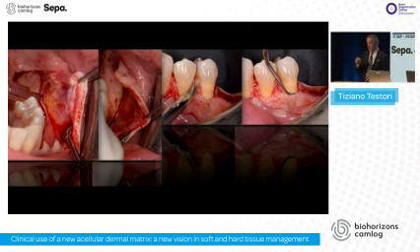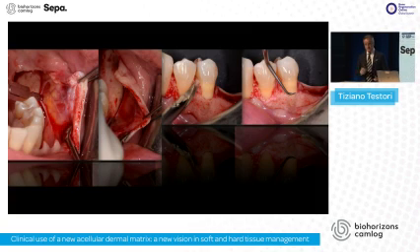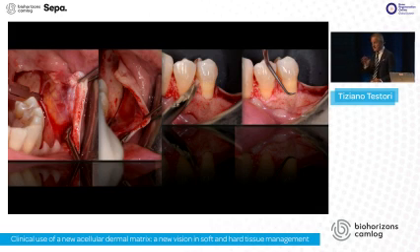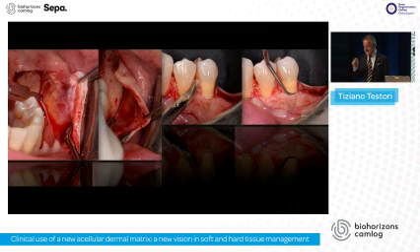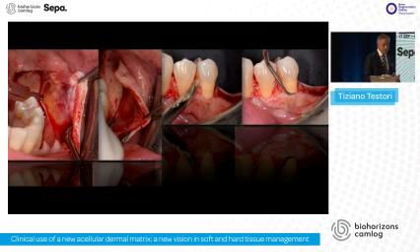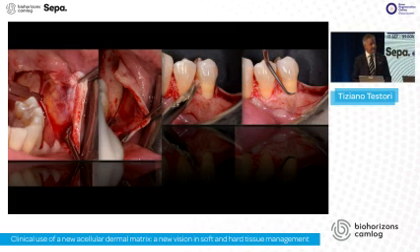I stay within the periosteum. You know that the blade of your scalpel is 300 microns, and the periosteum in anatomy is 150, 200 microns. If you don't go any deeper, you don't have bleeding. So when you do a releasing incision and stay within the periosteum, usually it does not bleed.